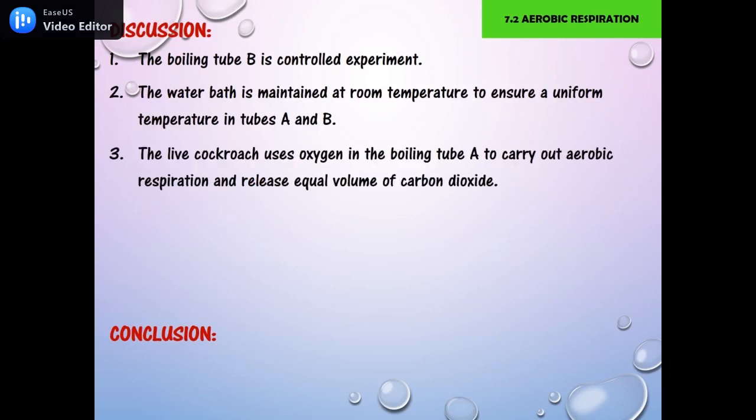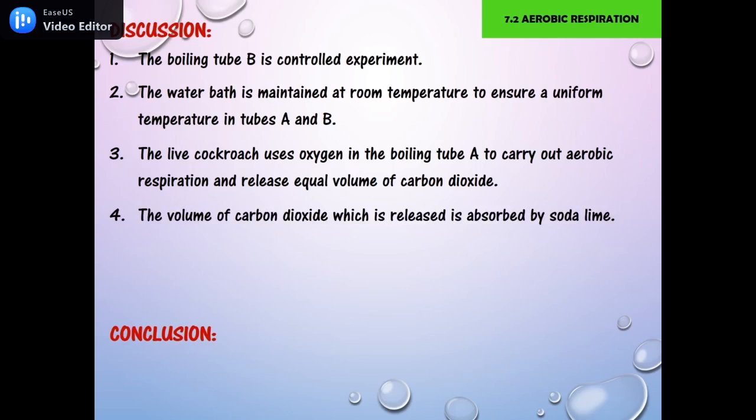The living cockroach uses oxygen in boiling tube A to carry out aerobic respiration and releases an equal volume of carbon dioxide. The volume of carbon dioxide which is released is absorbed by soda lime.